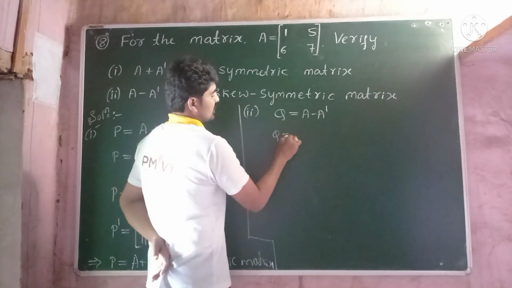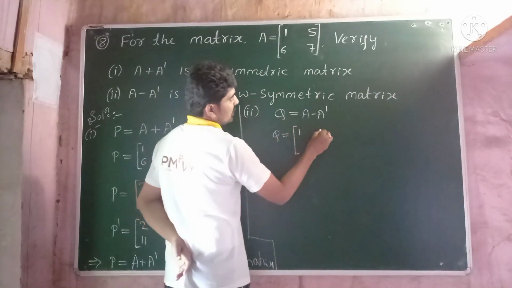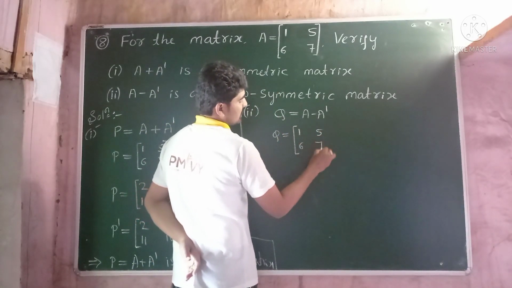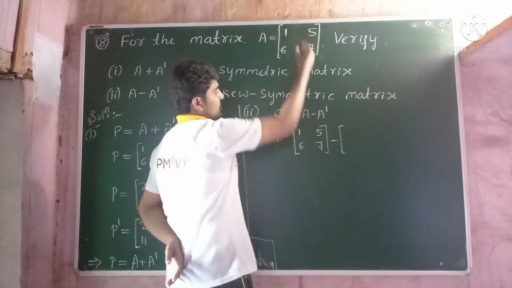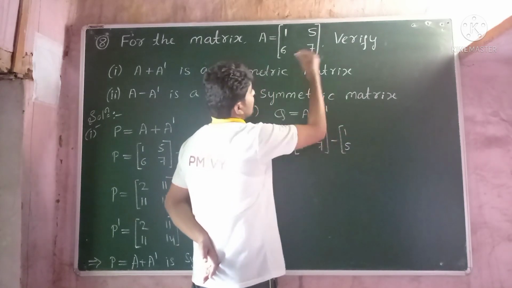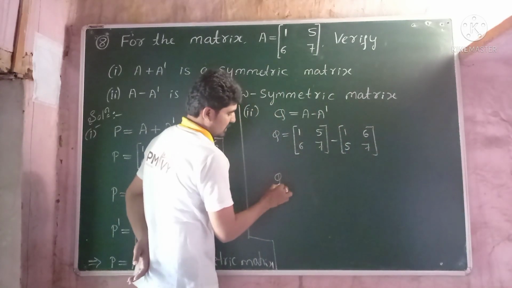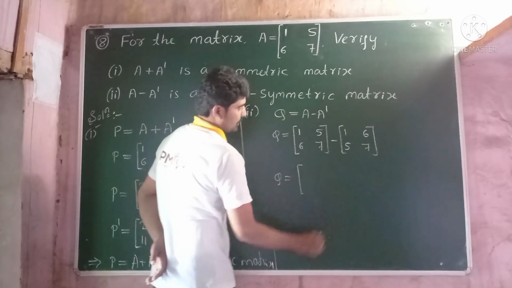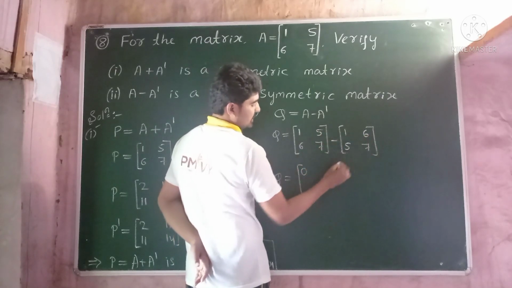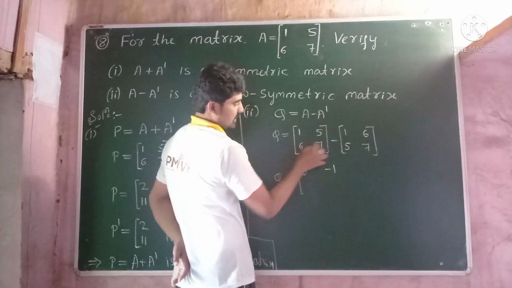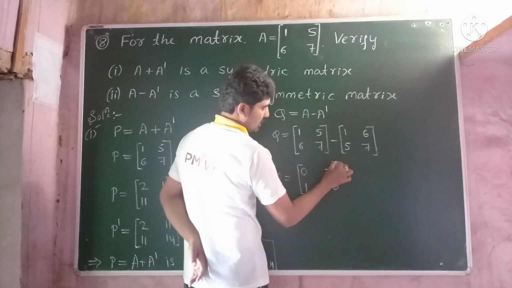Therefore Q equals matrix A, given by 1, 5, 6, 7, minus A dash matrix. First row becomes first column, second row becomes second column. Therefore the matrix Q equals 1 minus 1 is 0, 5 minus 6 is minus 1, 6 minus 5 is 1, 7 minus 7 is 0.